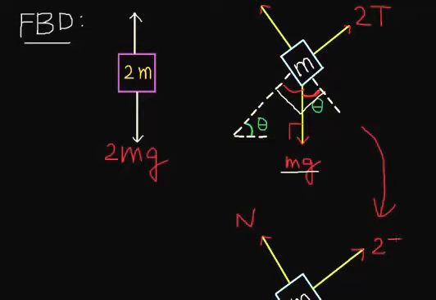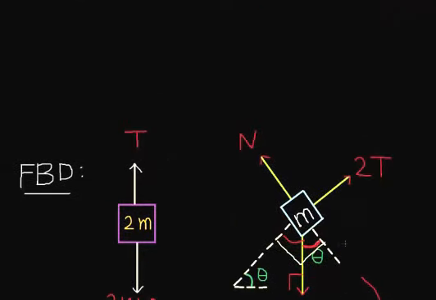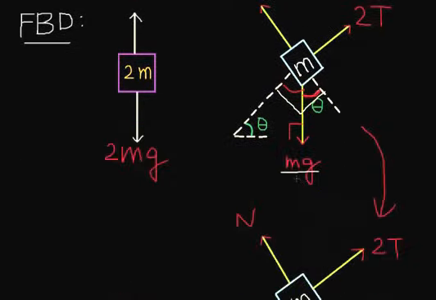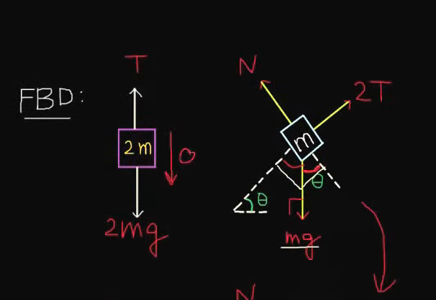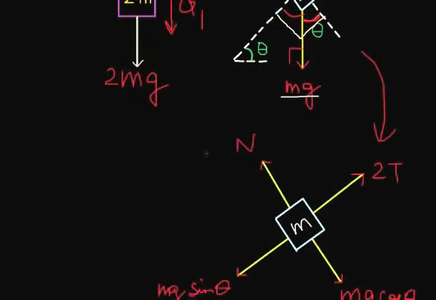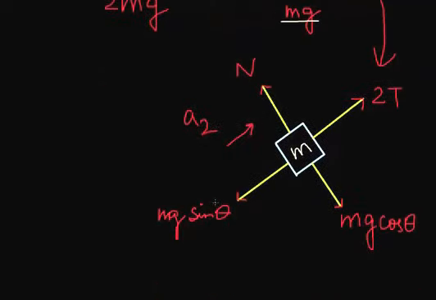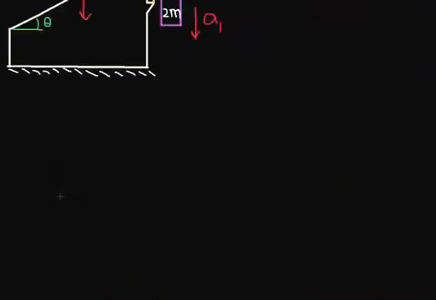This is N and this is 2T, like in the previous free body diagram. The acceleration of this block is a1 in downward direction, and the acceleration of block M is a2 at angle theta from the horizontal. Now we have to find the constraint equations from these two blocks.